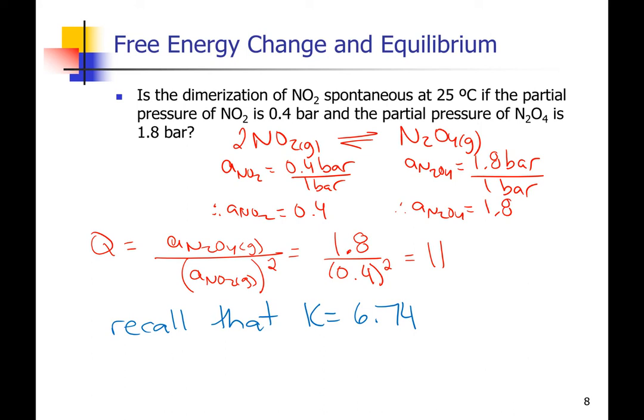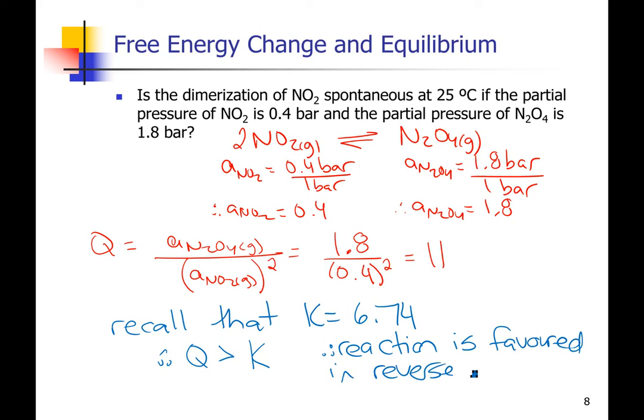So in this case, we can see that the reaction quotient is larger than the equilibrium constant. 11 is bigger than 6.74. And therefore, the reaction is favored in the reverse direction. And therefore, it is not favored in the forward direction.